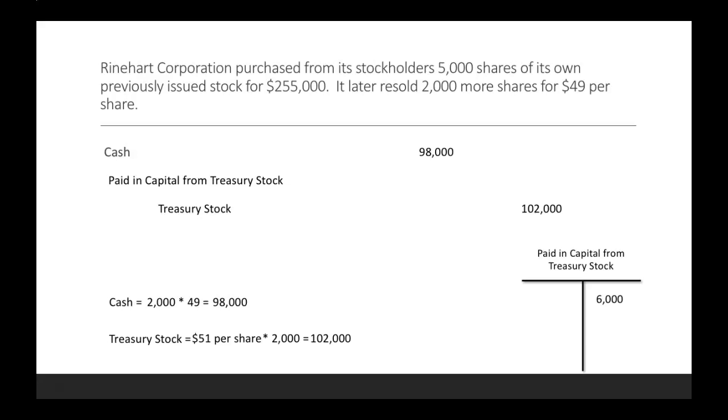So we take a look over at that T account. Your paid in capital from treasury stock can only have a credit balance or a zero balance. So we can debit up to 6,000 right now and still be okay. The good news, we only need to debit 4,000 to make our debits and credits equal in this problem. So we are still left with 2,000 in our paid in capital from treasury stock account.